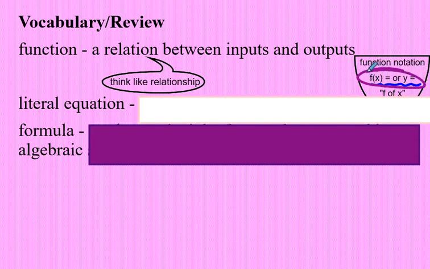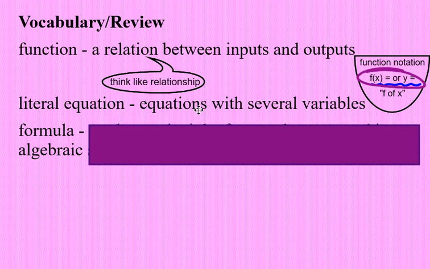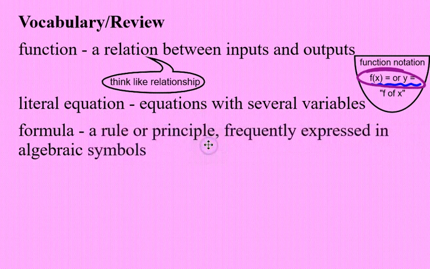F parenthesis x means f of x. It's similar to saying y equals. A literal equation is an equation that has a bunch of variables in it. And what we're going to be doing is isolating one of those. And finally, a formula is a rule or principle frequently expressed in algebraic symbols.